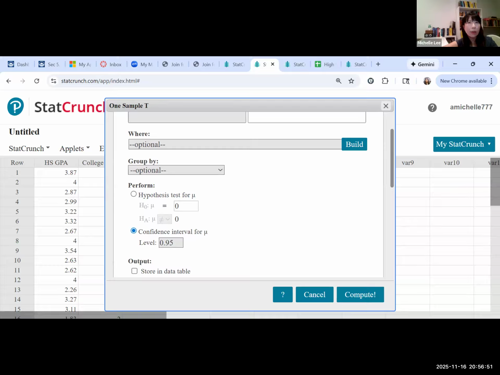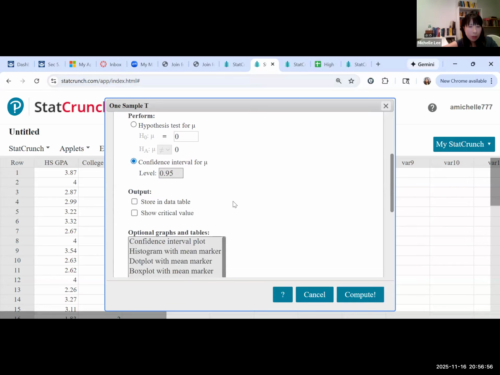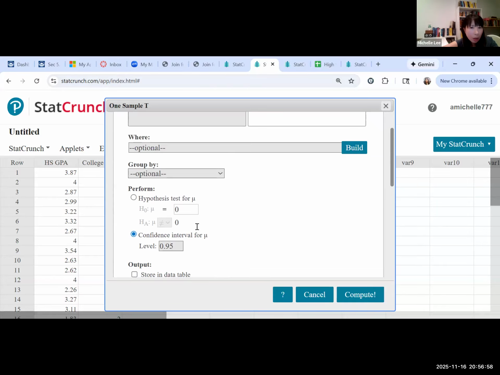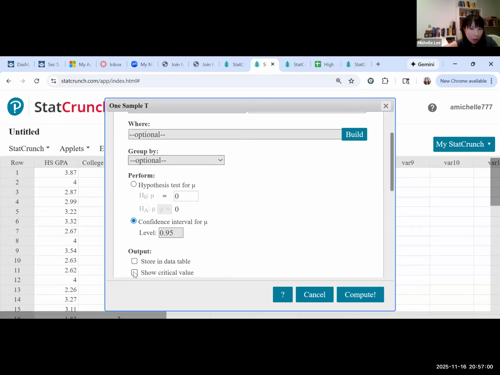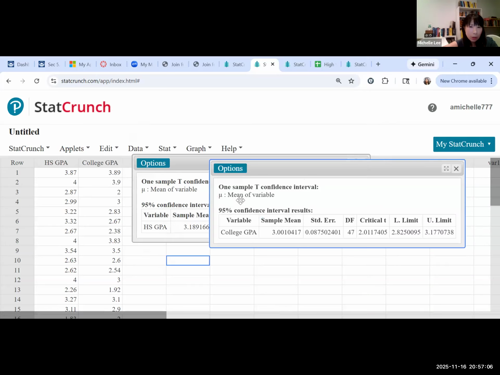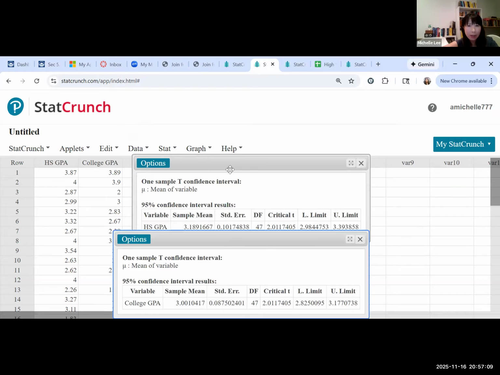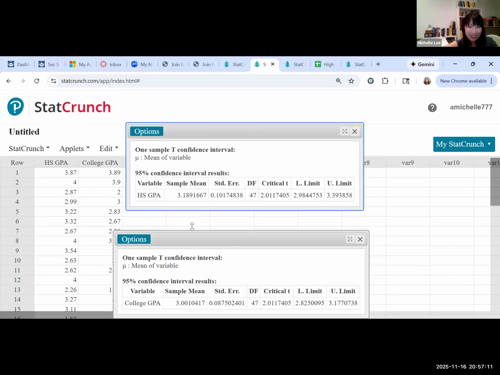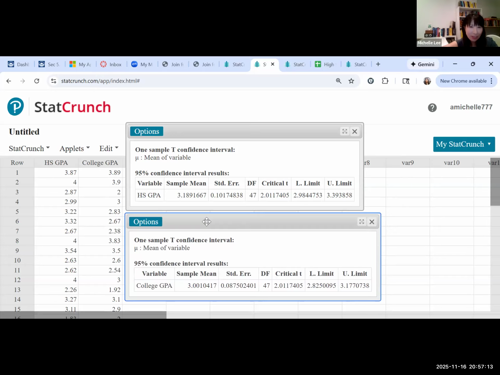Yeah, it is 95%, right? Okay. Then critical value, if you want to calculate the margin of error, right? So compute. Yeah, I did. I can see that. 95% confidence. Yeah. All right.